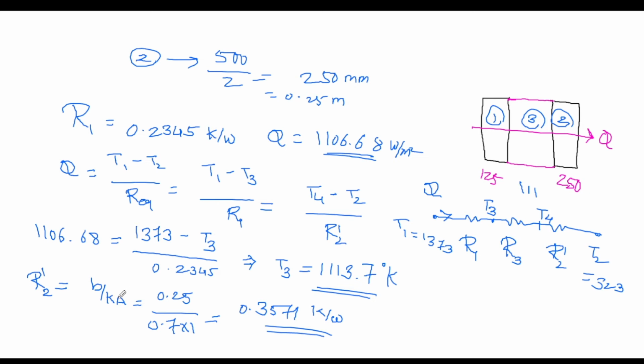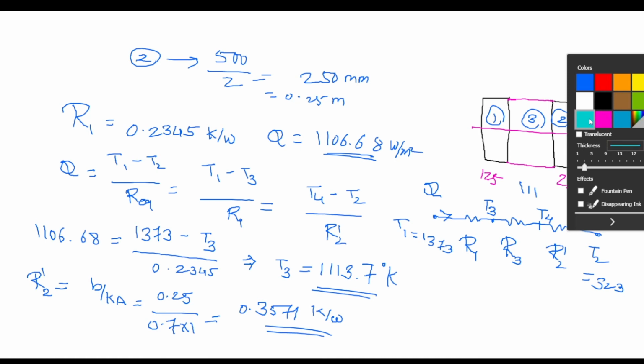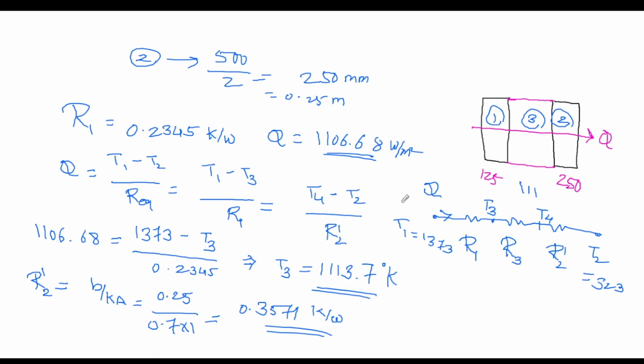Once we get R2 dash, we will take this equal to this Q, that is 1106.68 will be equal to T4 minus T2. We don't know the value of T4.